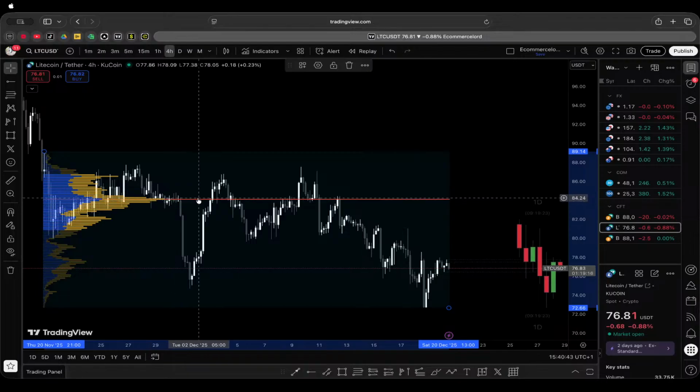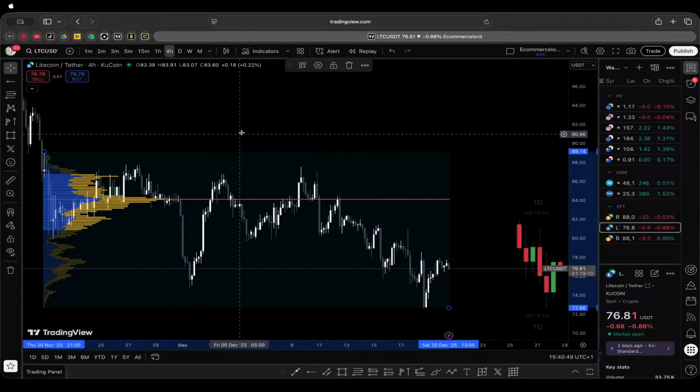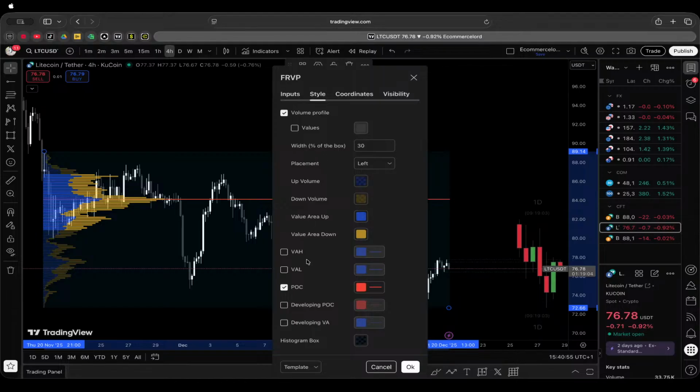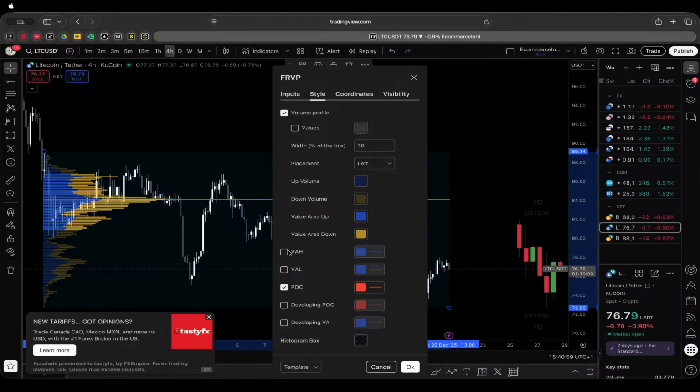I also use this particular one, POC, point of control. I've forgotten the term, but that is what it means. Value area high, value area low, then point of control. These are the three things I mark out if I'm using this particular tool.